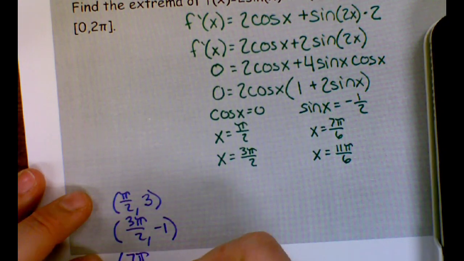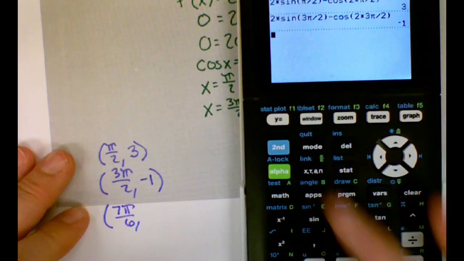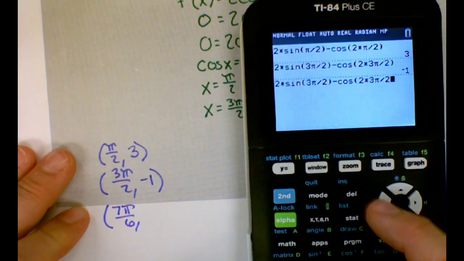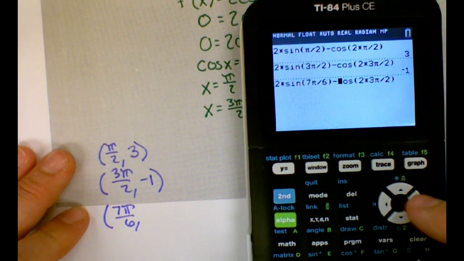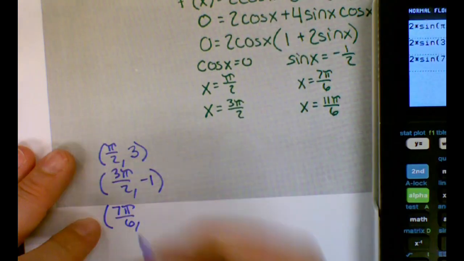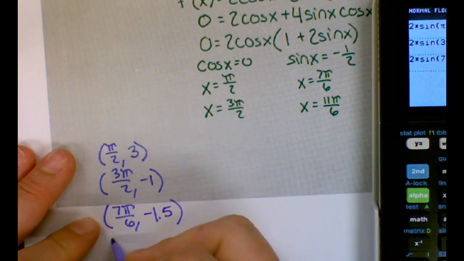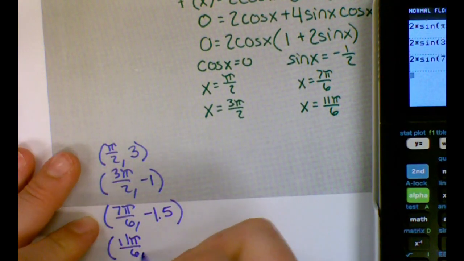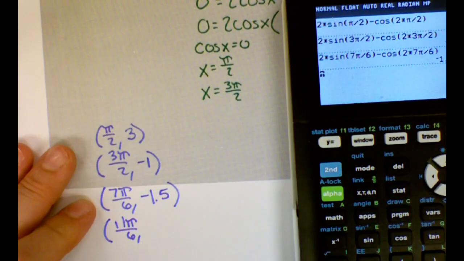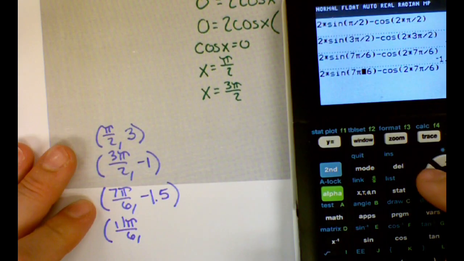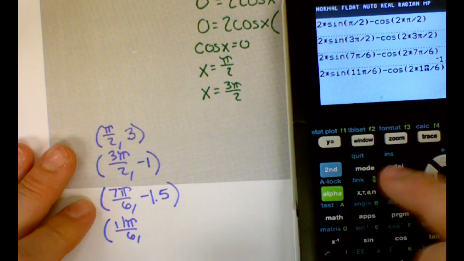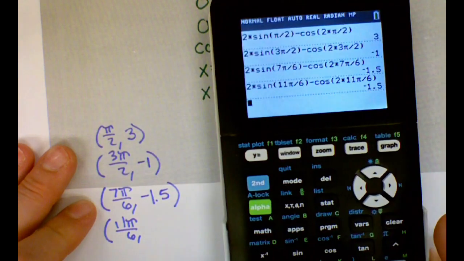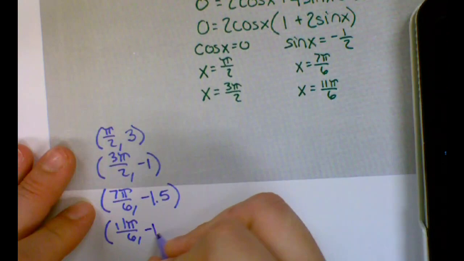7 pi over 6. Same thing. Just going to change the 3 pi over 2's to 7 pi over 6. Negative 1.5. And 11 pi over 6: I have negative 1.5 again.